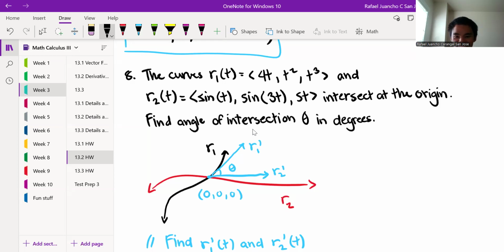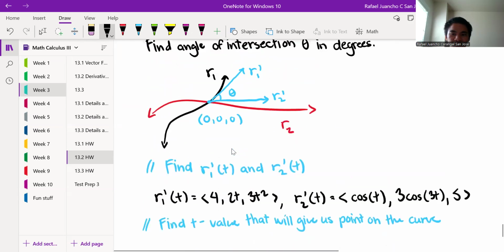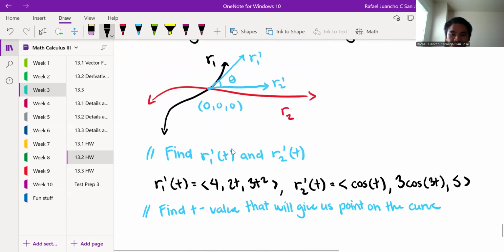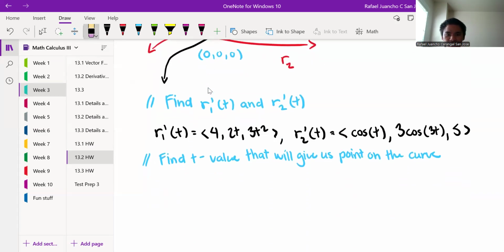So that works. We can already recognize t equals 0, so I could just plug it in. So we already have the t, which is just t equals 0.